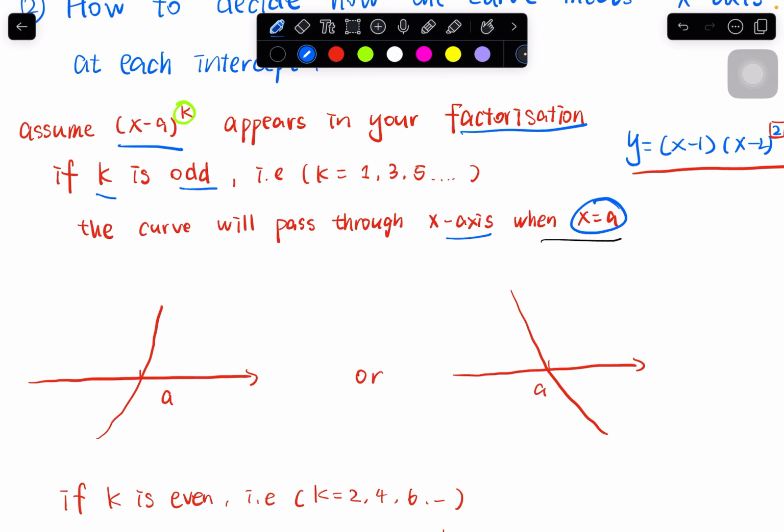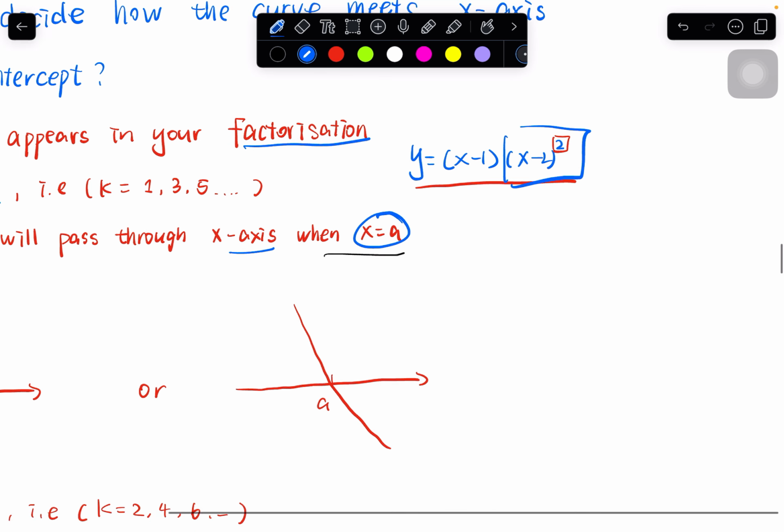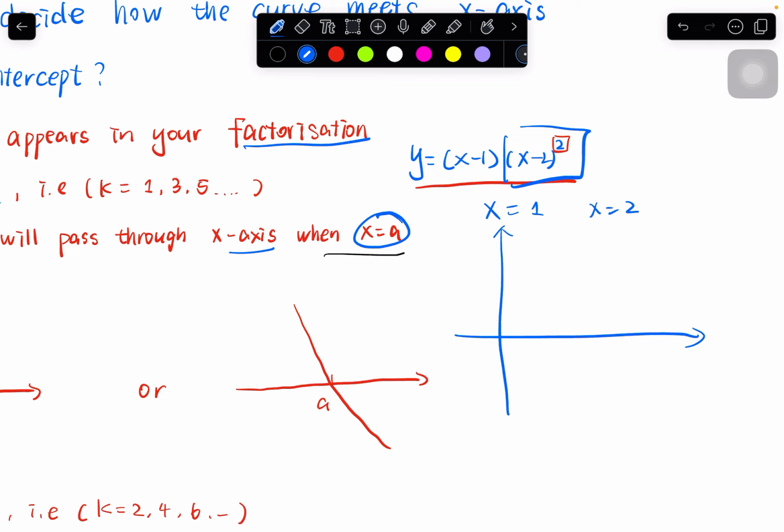So in this function, we have two intercepts: x equals 1 and x equals 2, right? So we know that 1 is one of the intercepts, and 2 is also another intercept. So here we know that the curve passes through these 2 points, and we can determine the shape, right?